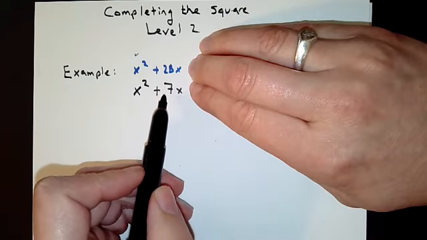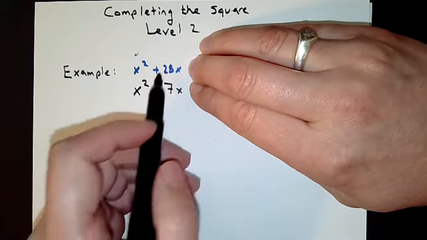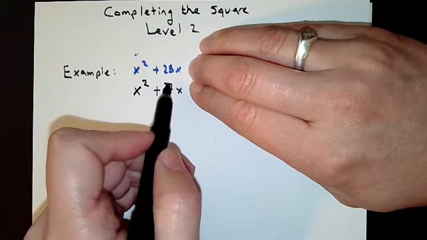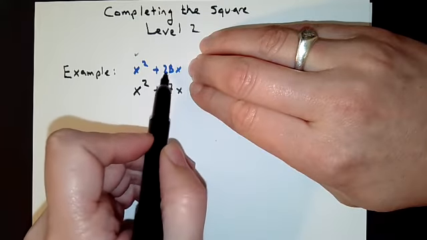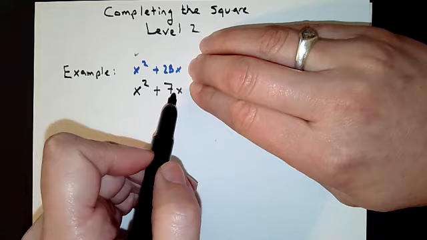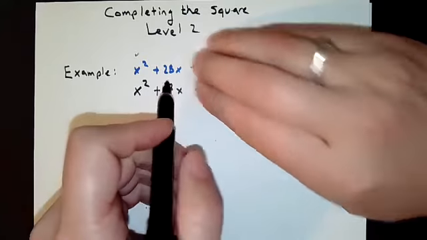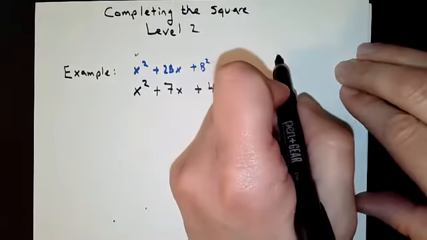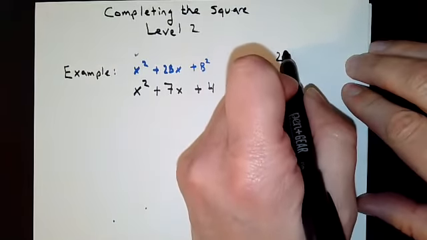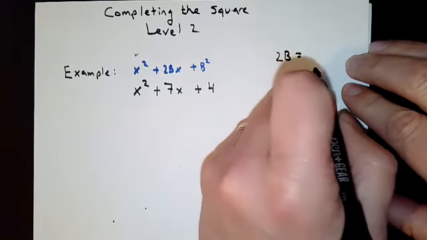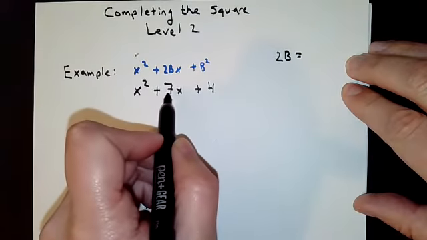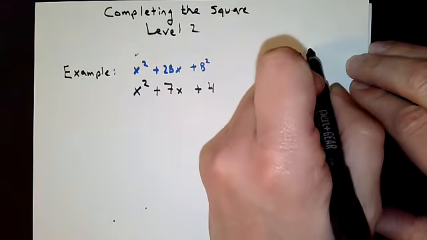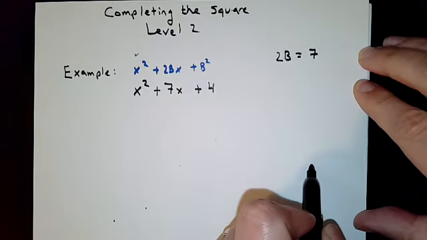Now, all we need to do is associate the coefficient of x with the 2b, and we will match. And we can do that. So we'll come over here to the side, and we'll say we're going to define 2 times b to be equal to the coefficient we have for x, a positive 7.